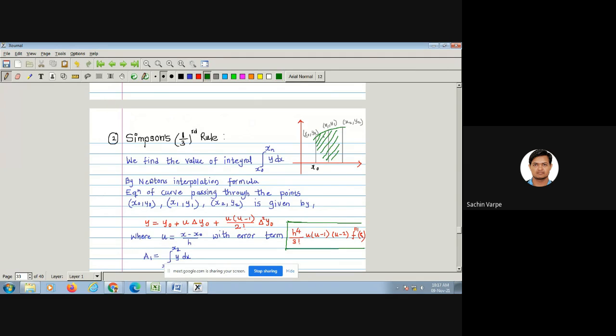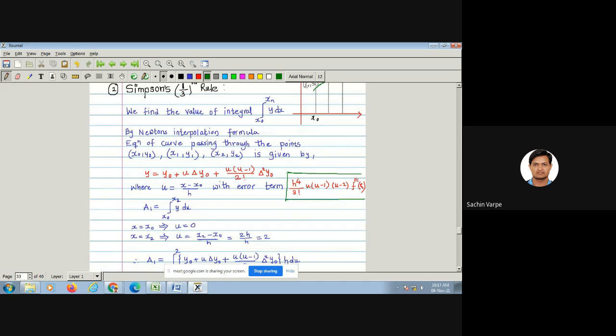With the help of the area of a trapezoid, we try to get the required area. But while making the trapezoids, some area is left, that is nothing but the error. So we need to consider the error term also.